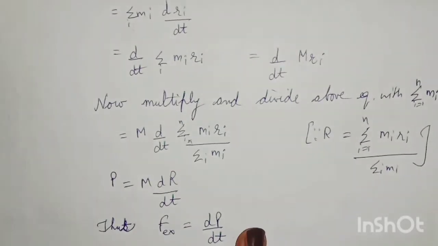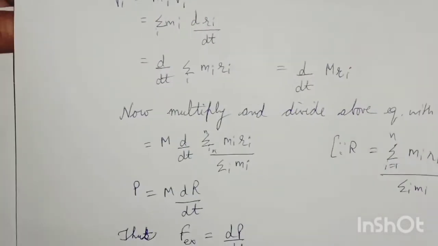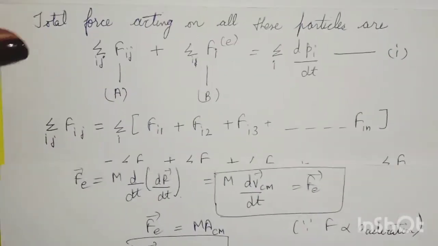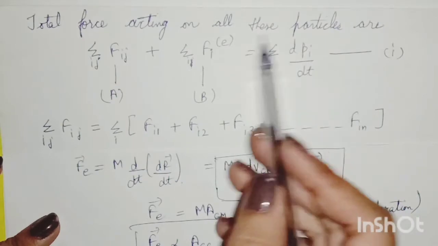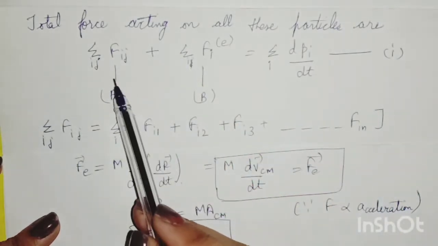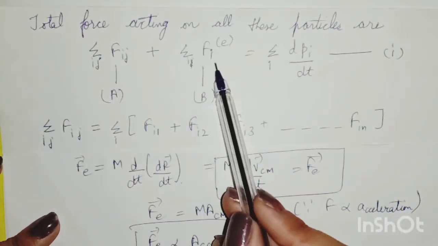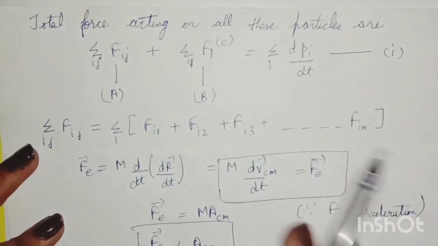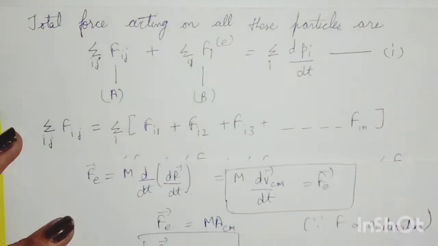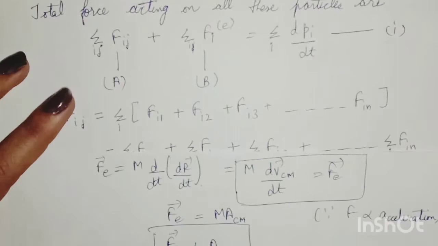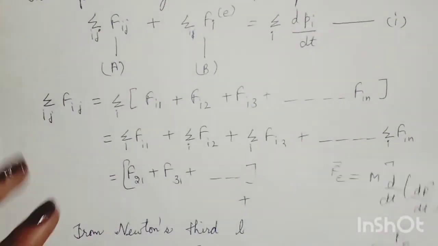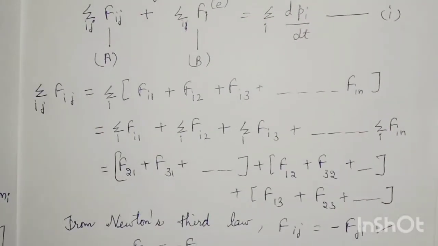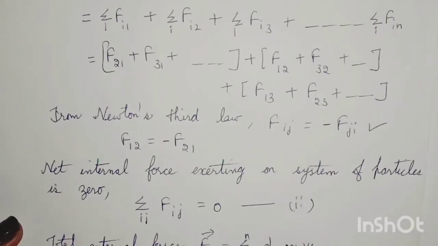Now we know total force is the sum of internal and external forces. So by using this equation we know F internal, which is our equation number 1, and equation number 2.